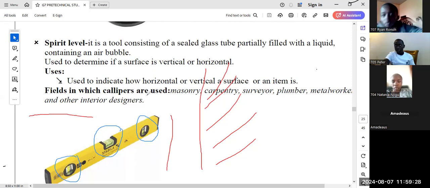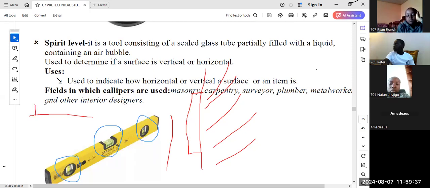So you take this spirit level and place it against the wall, here or here, to determine whether it is horizontal or vertical. Now, when the air bubble in the spirit level is at the middle, then it means the wall is either vertical or horizontal.